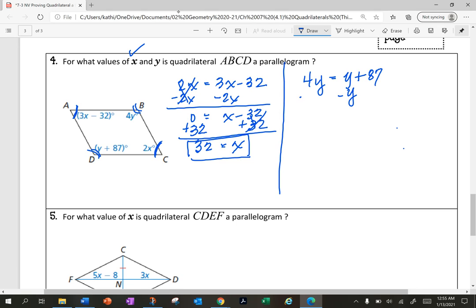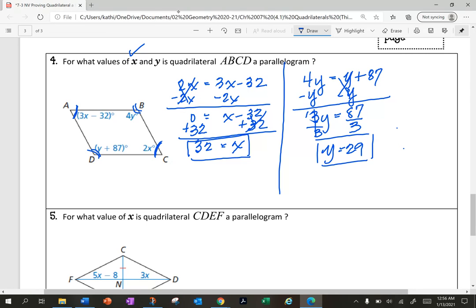I subtract y from both sides, so I get 3y equals 87. I divide both sides by 3, which is dividing by the coefficient next to the variable, so y equals 29. So when my opposite angles are congruent, I have a parallelogram.